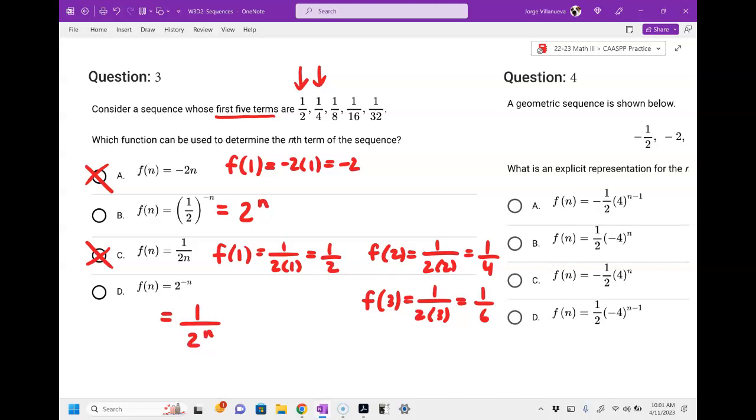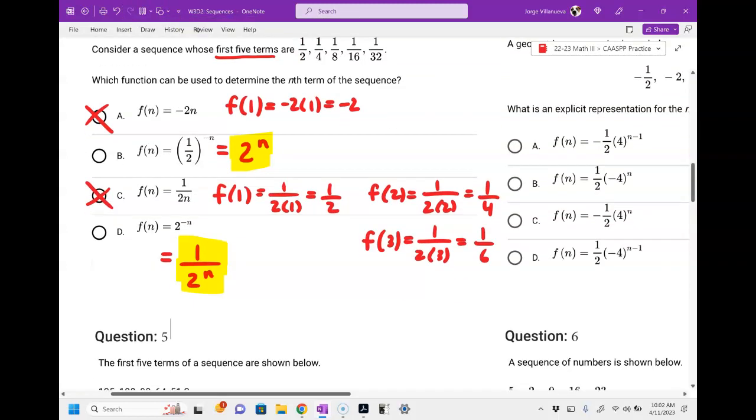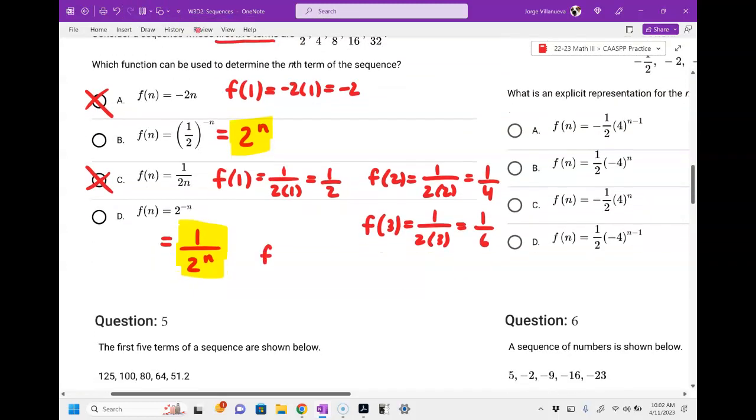So now that you know that my 2 equations look like this or like this, which one do you think would give me better chances of fractions? D, right? So let's plug it in. Let's plug it into D here. F of 1 into this thing here, it'd be 1/2 to the first. That's a half. That looks good so far.